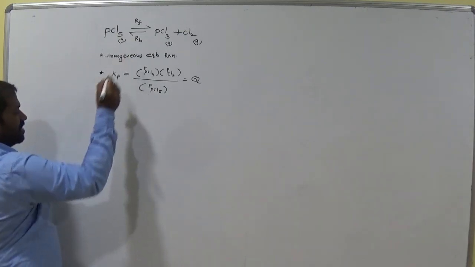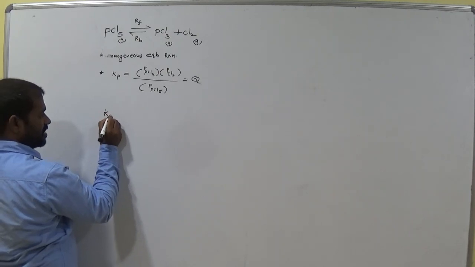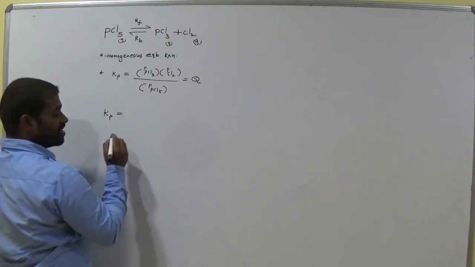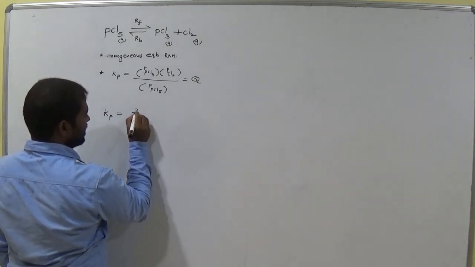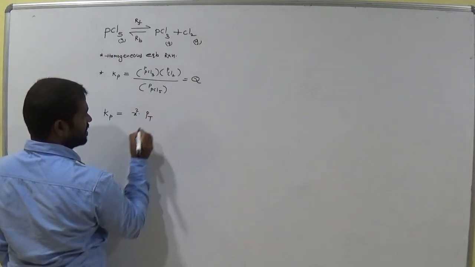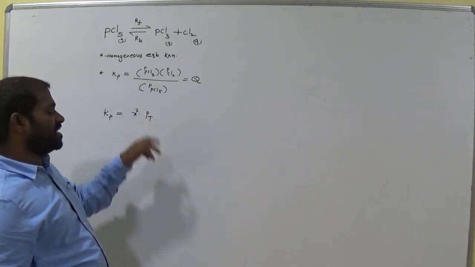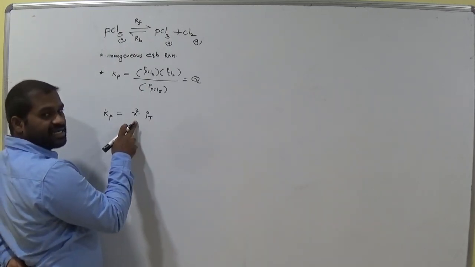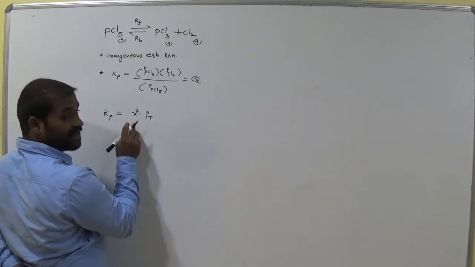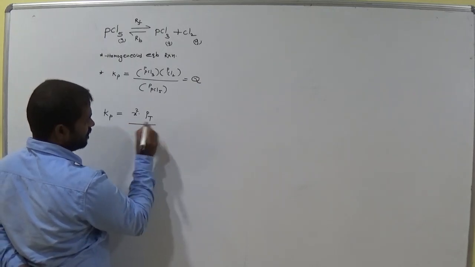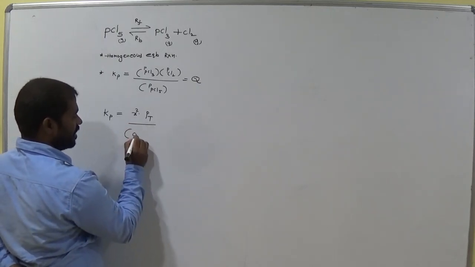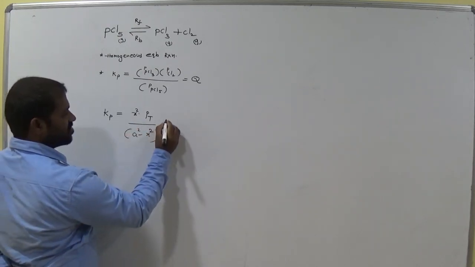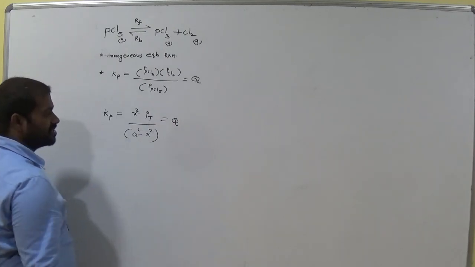So finally, the last expression we discussed yesterday is Kp equals x square into P, where Pt means total pressure of the mixture, x square means partial pressure of products, and A square minus x square, that equals Q. Am I right?